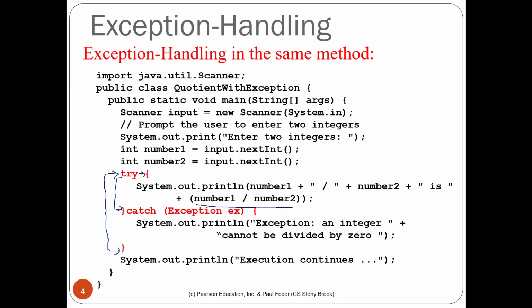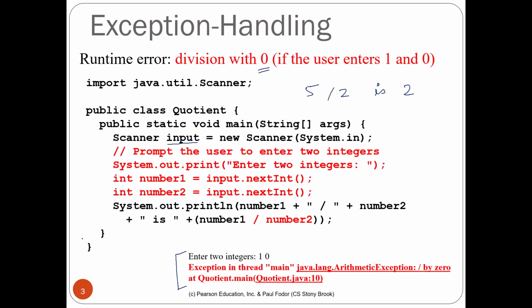Then it is up to us what we want to convey in the catch block. But the catch block should give this information to the user that there has been an exception. So we are just printing out that message: an integer cannot be divided by a 0.